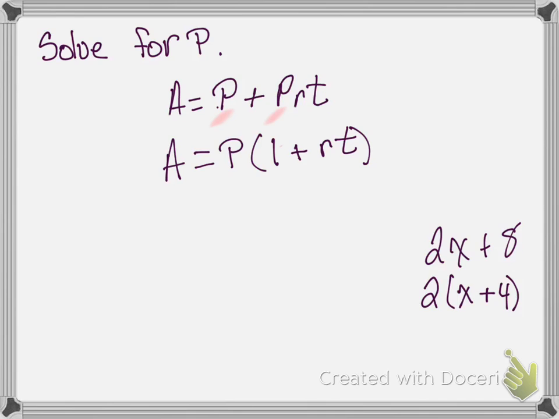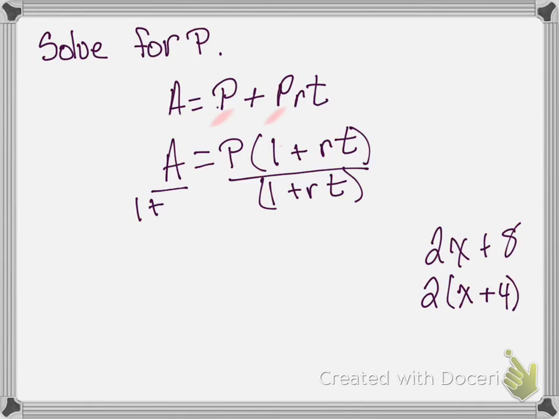So now I've got it to where I can isolate my P. What do I need to divide by? I'm going to divide by everything that's in that quantity in my parentheses. So I have 1 plus RT. That's what I'm dividing by.